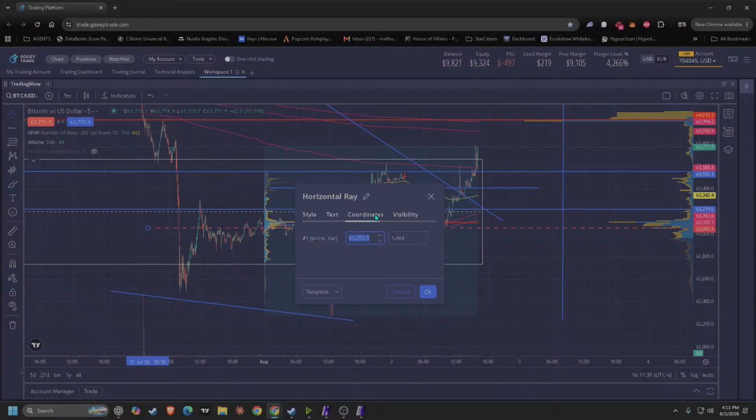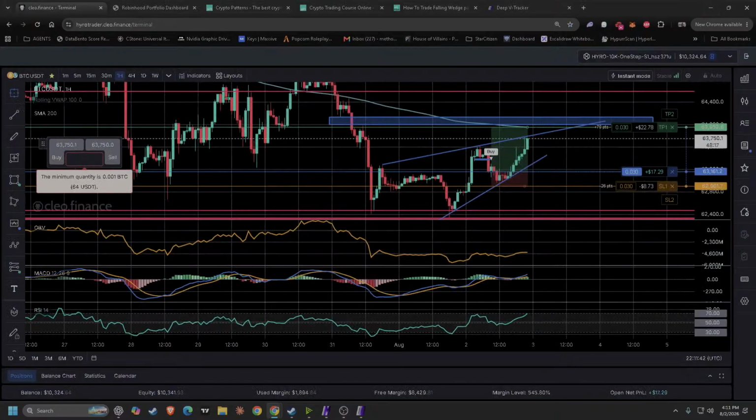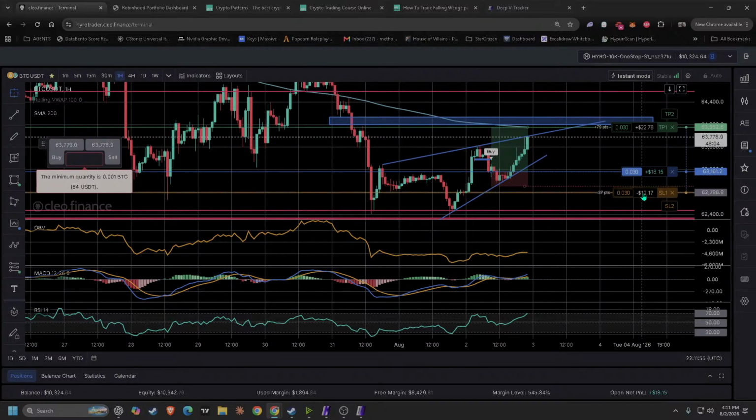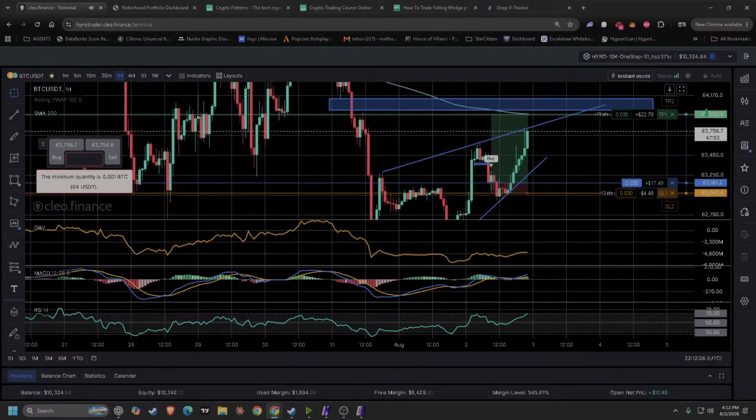That volume. 6350. Expecting my stop needs to be right there.